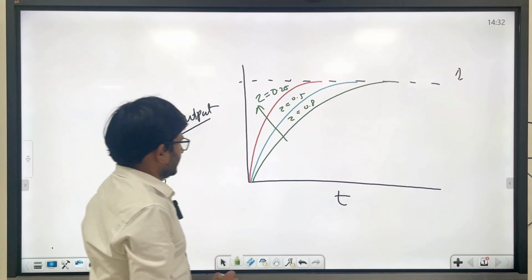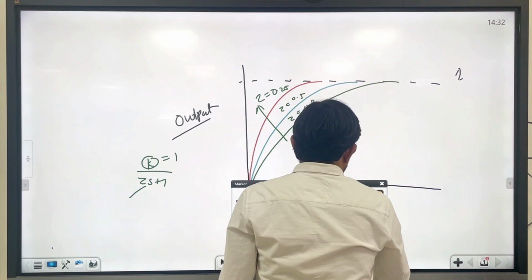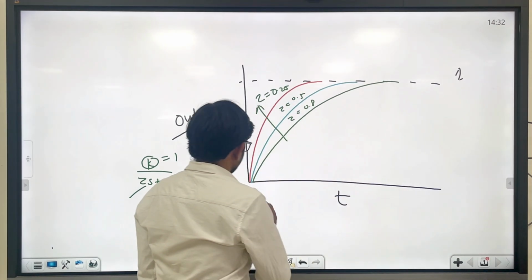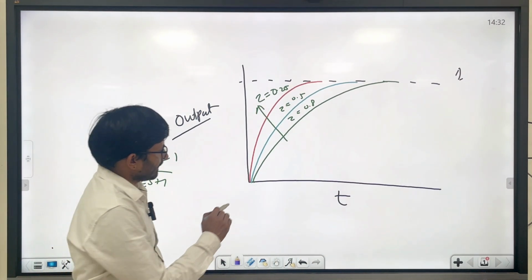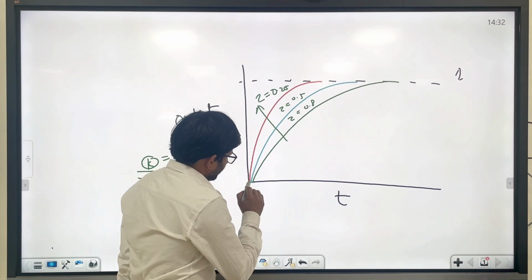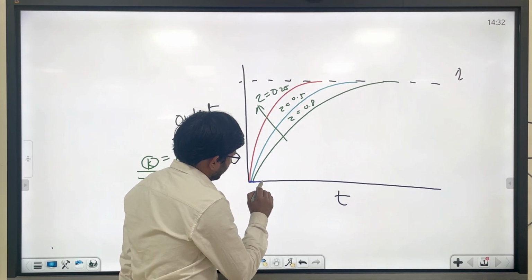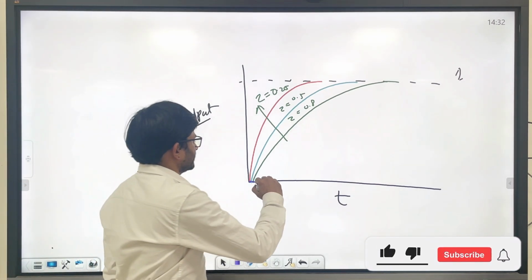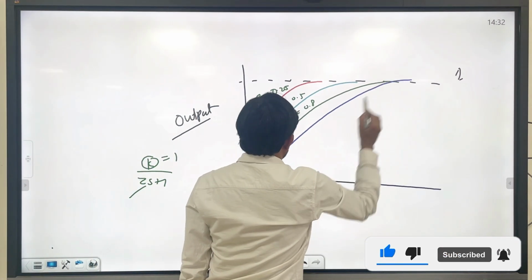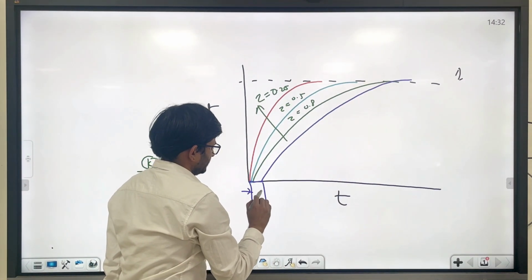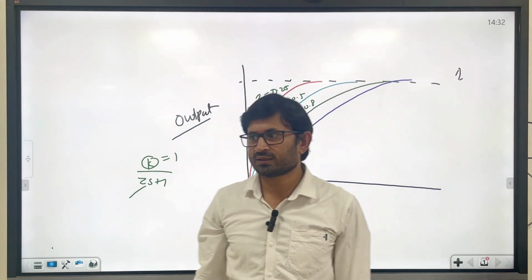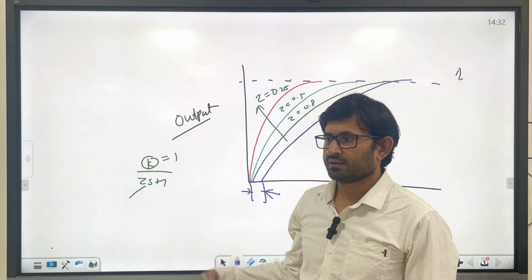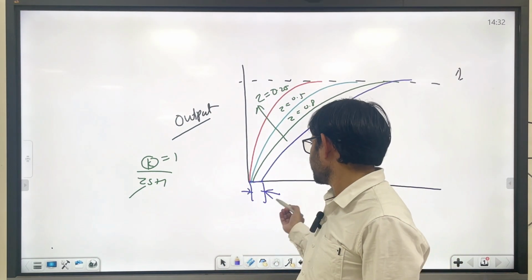And in this diagram, if I want to show the delay, that means, let's say, I have commanded something, but for some time interval I am not getting any output, and after that I start getting output. So this part is known as a delay. So do not confuse the actuator dynamics with the delay.